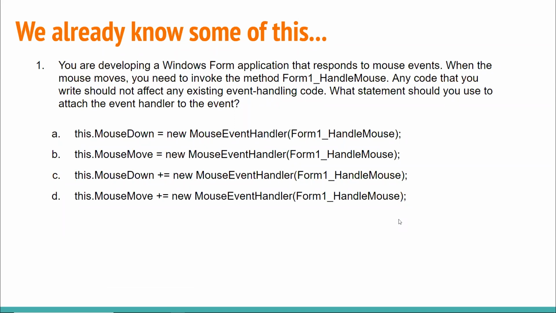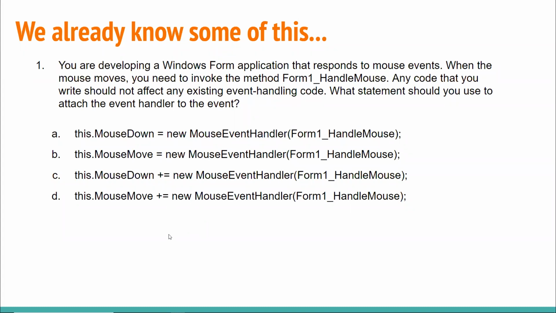And remember, when you're asked to add something to an event handler, there are lots of things that give it away. I'll give you a few. Number 1, they say attach the event handler to the event. But the other way of saying this is to add the event handler to the event.